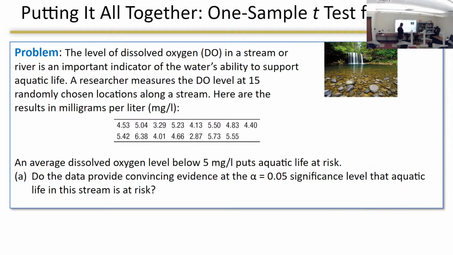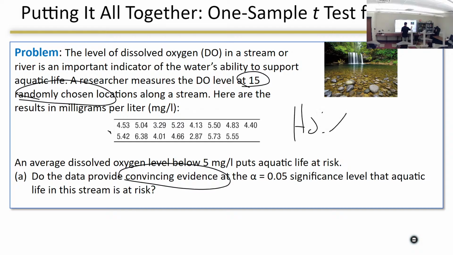All right, Ho. An average dissolved DO below 5 puts everything at risk. Ho: mu equals 5. When it's below 5, that's where we got issues.